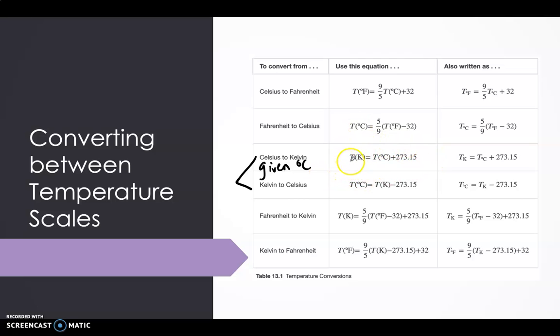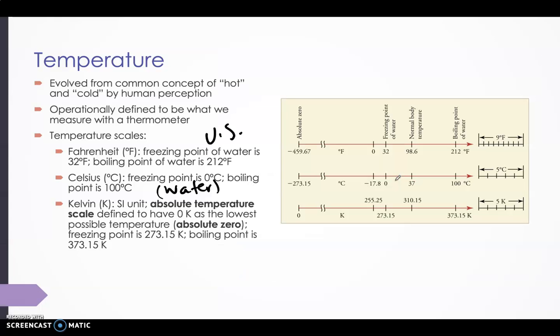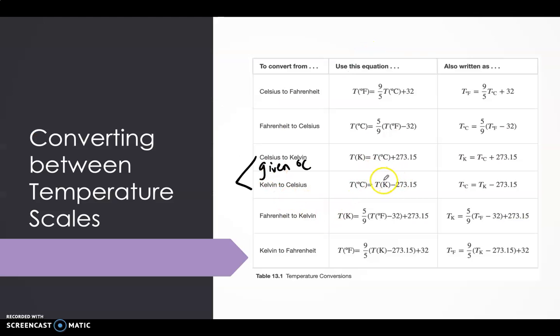So our temperature in Kelvin will then be equal to our temperature in degrees Celsius, so what we were given, plus 273.15. Okay, and as you notice from the last one, our freezing point in Celsius was 0 degrees, right? But our freezing point in Kelvin was 273.15 Kelvin, okay? So that's the difference here.